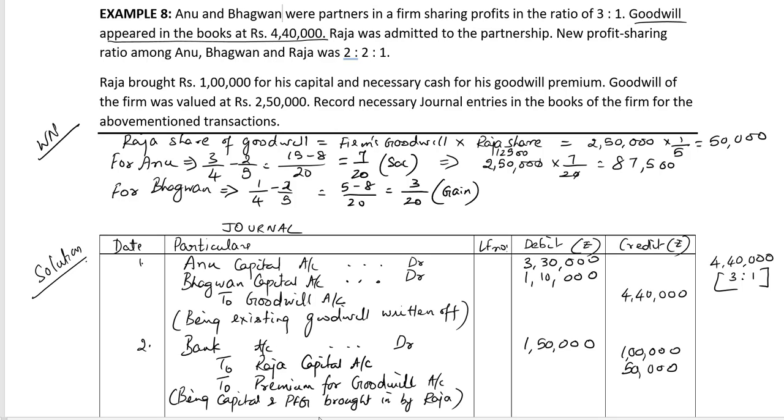So we get 87,500 rupees. And to get the amount for which we need to debit Bhagwan's capital account because he has gained, it's goodwill of the firm 2,50,000 multiplied by 3 divided by 20, which is equal to 37,500 rupees.